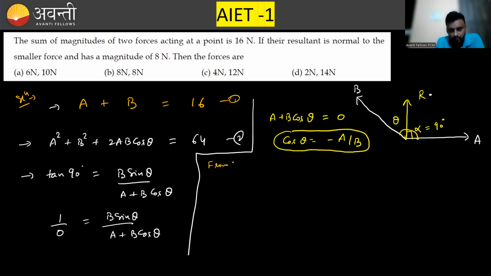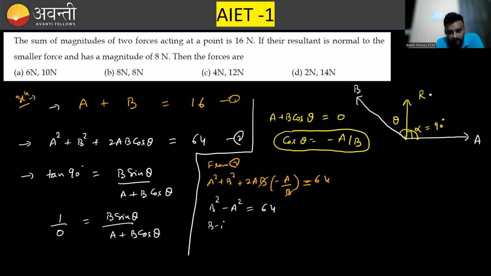From equation 2, what will I get? A square plus B square plus 2AB, and look here, cos theta is minus A by B, equals 64. Clear? B and B can be cancelled and it will become minus 2A square. So the ultimate result will be B square minus A square equals 64.